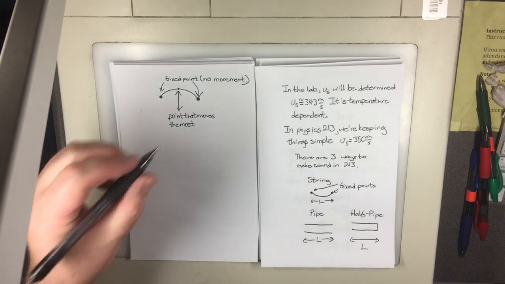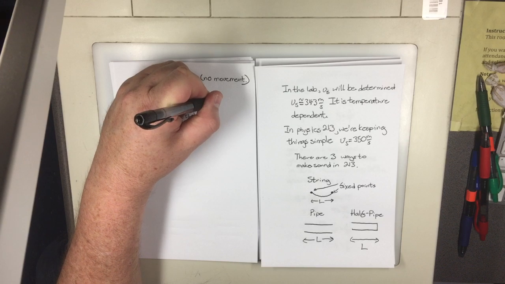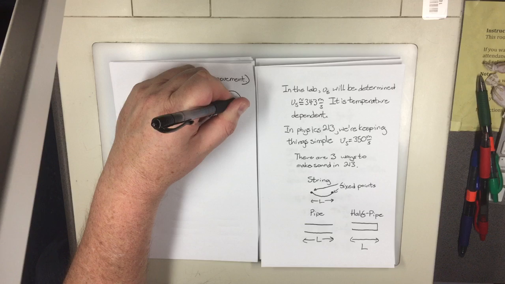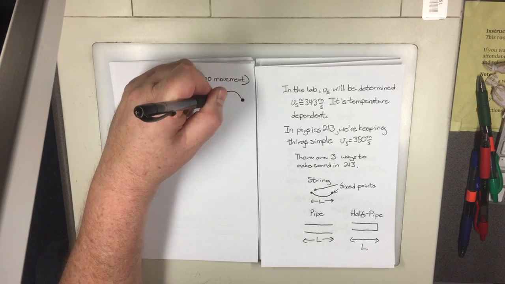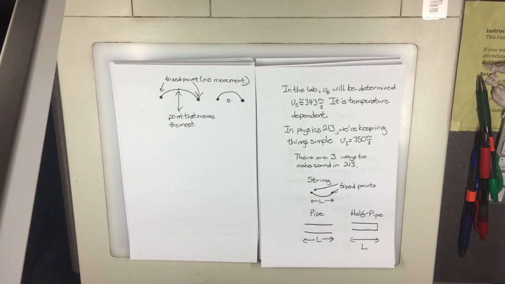And a lot of times what I do when marking this down is I use the string and I write that out. And then the point at which it moves the most, I write an open circle. So for fixed points, I write closed circles. For the points that move the most, I write open circles.